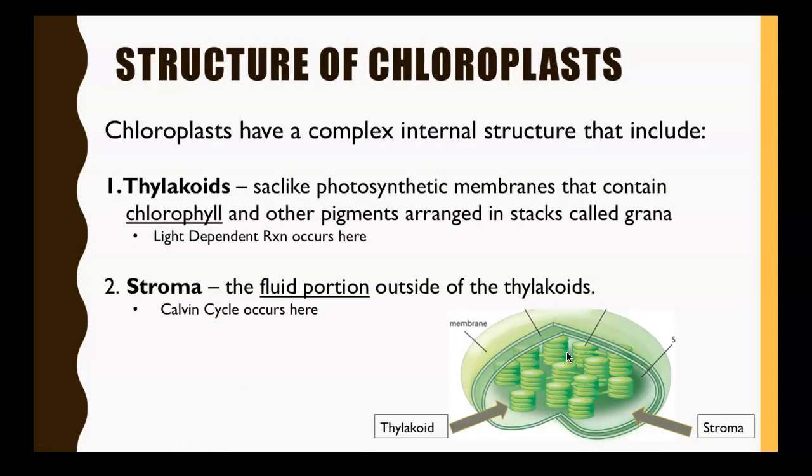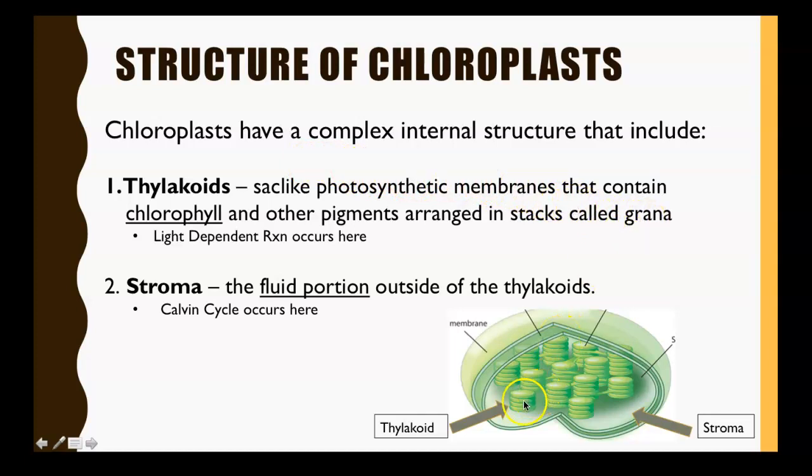So now what we're going to get into is the structure of chloroplasts. So chloroplasts have a complex internal structure that includes thylakoids and the stroma. Okay, so what we're going to do is break down this chloroplast organelle right here. So the thylakoids are sac-like photosynthetic membranes that contain chlorophyll and other pigments arranged in stacks called grana.